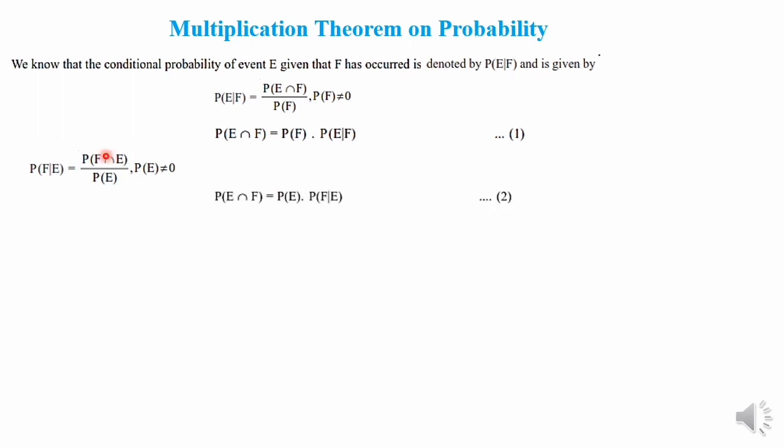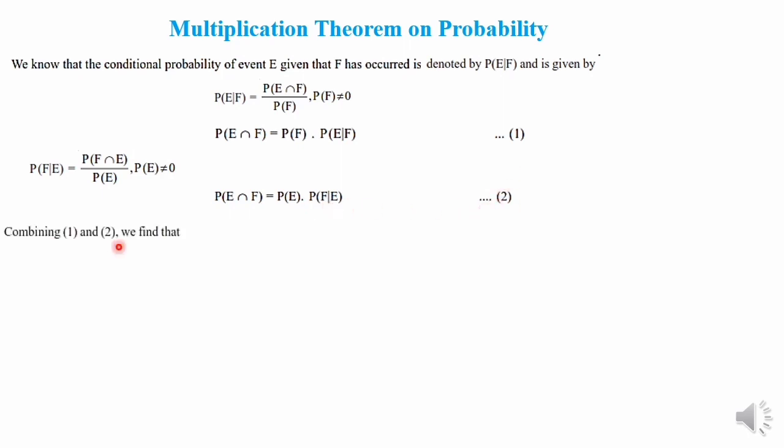P of F intersection E and P of E intersection F are both the same. Please note that is why here instead of P of F intersection E, we are writing P of E intersection F. So P of E intersection F is equal to P of E into P of F given E. That is equation number 2.